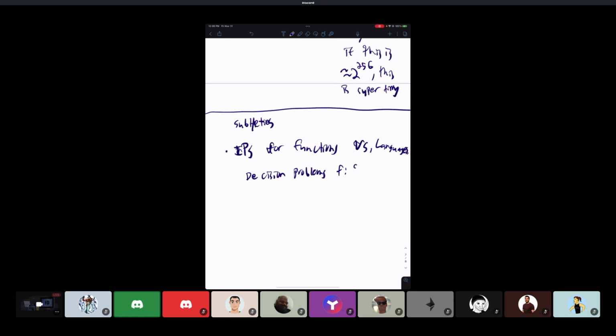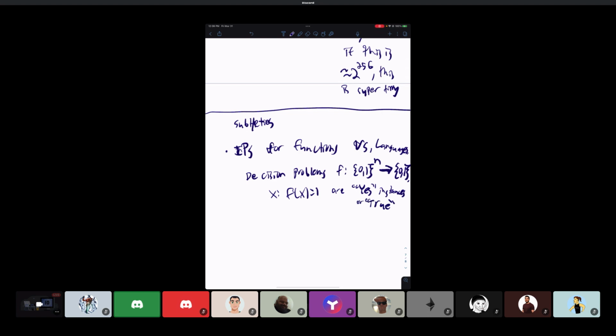So let's just say that the input domain for the decision problem is {0,1}^n. It doesn't really matter what the input domain is. But let me say that the output is either yes or no, 0, 1, true or false. That's a decision problem. So we think of inputs mapping to 1 as yes instances, and inputs mapping to 0 as no instances.